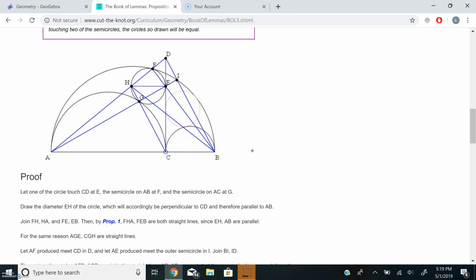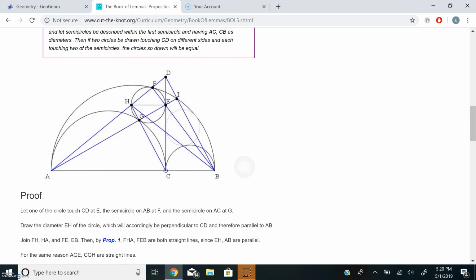So since angle G and angle I are both right angles, we can conclude that CH, since it is perpendicular to AI, is parallel to line BD, since it is also perpendicular to line AI.